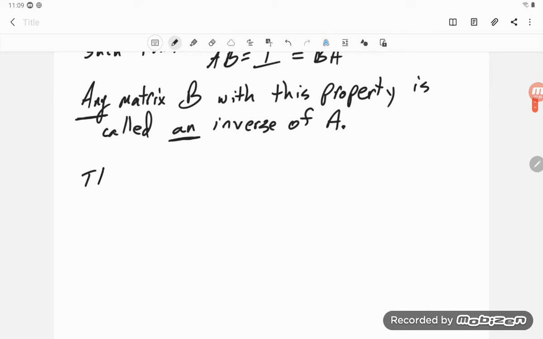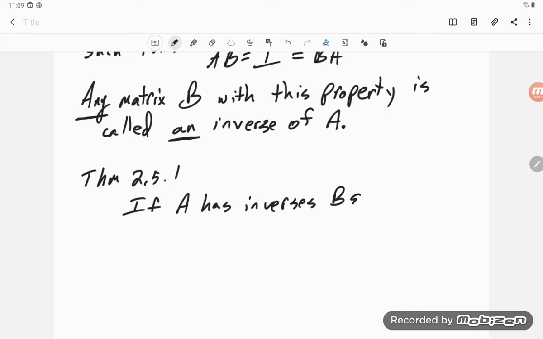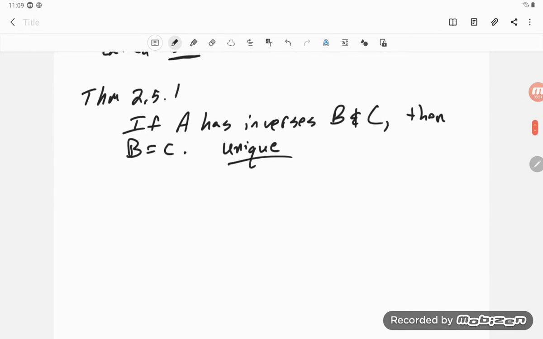So they do Theorem 2.5.1 where they say if A has inverses B and C, then B equals C. Okay, so they're saying the inverse is unique.